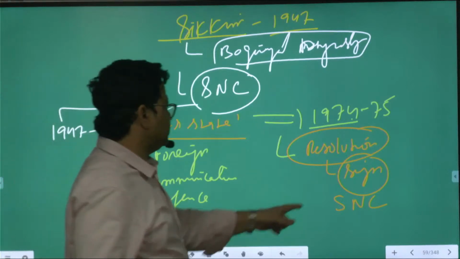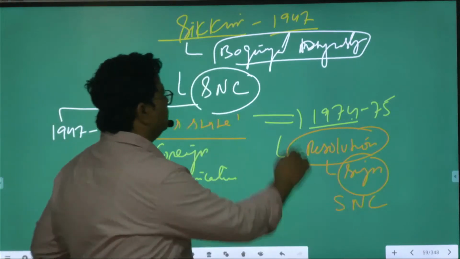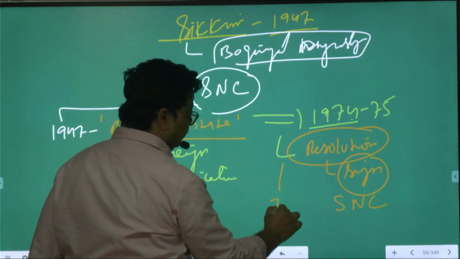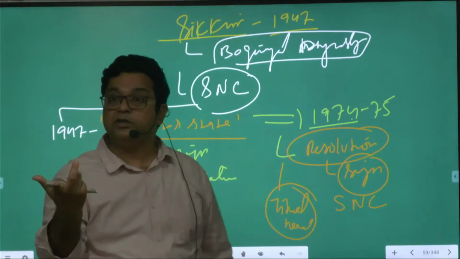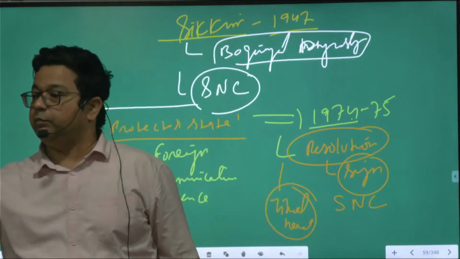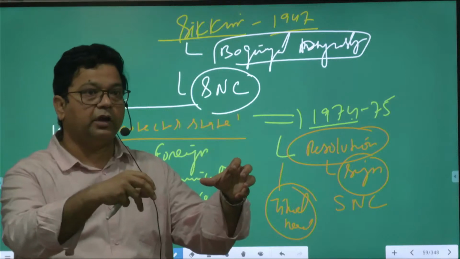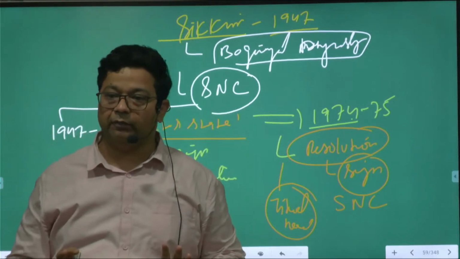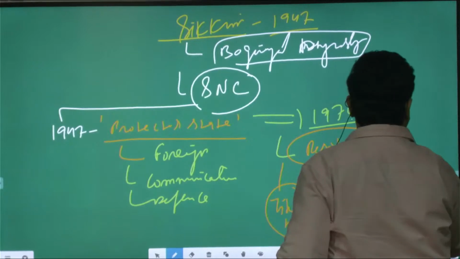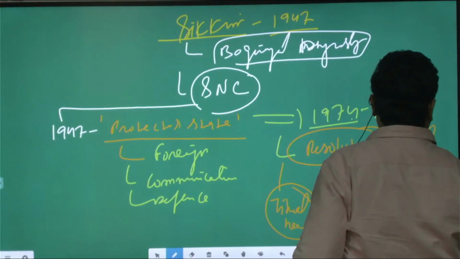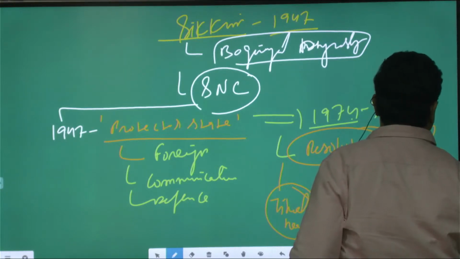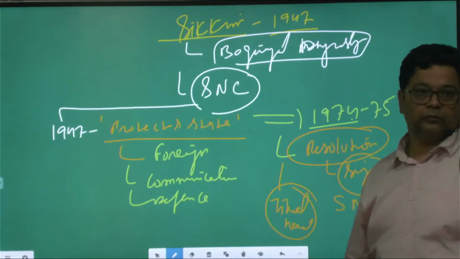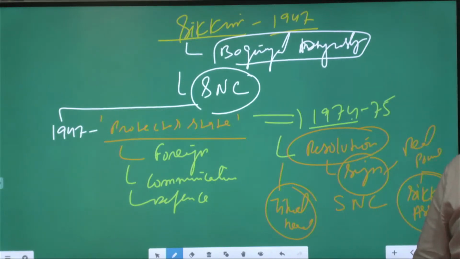And after this arrangement, this Bogyal king becomes a titular head, meaning a nominal head without any power. So real power now came into the Parliament of Sikkim, the Legislature of Sikkim or Sikkim Assembly. Yes or no? Clear?